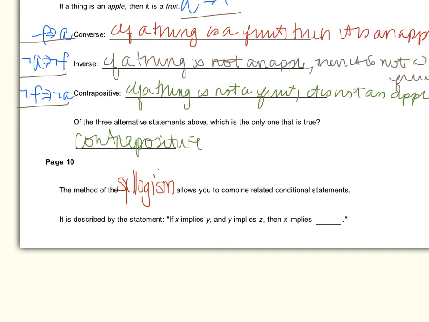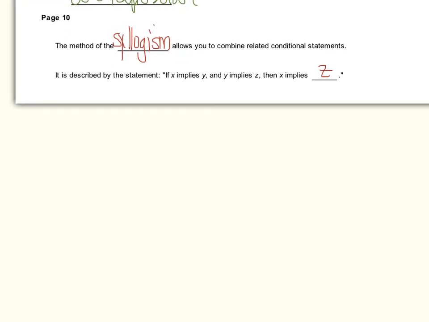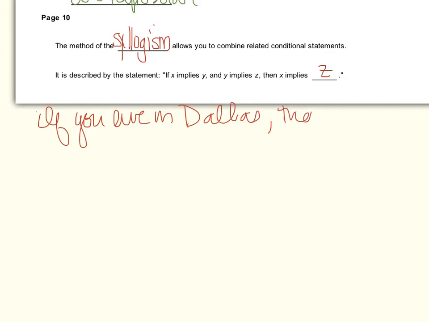The phrase we describe it with, kind of the definition, says, if X implies Y and Y implies Z, then what we can do is we can jump and say that X implies Z. A statement that would probably help you comprehend what this really means and how this works, and I'm just going to write this, you don't need to, is instead of saying if X implies Y, I'm going to say living in Dallas. Oh, let's try this again. If you live in Dallas, then you live in Texas.